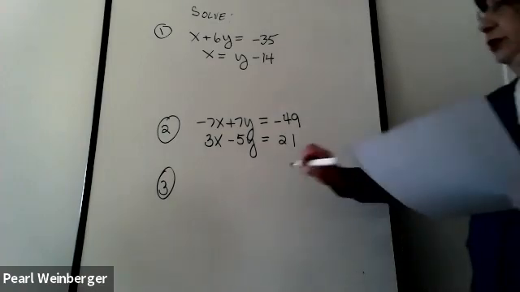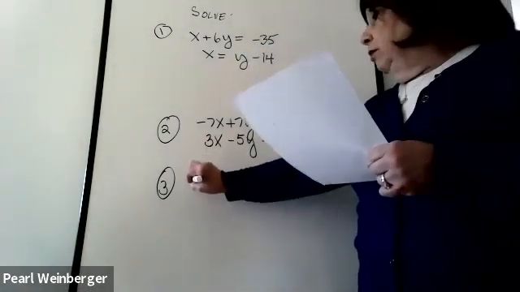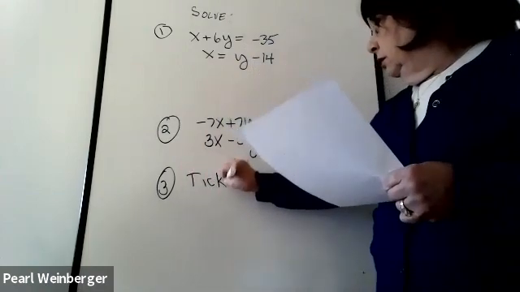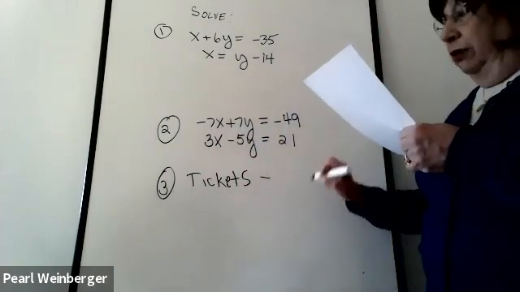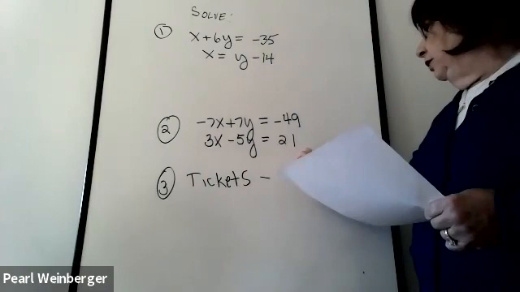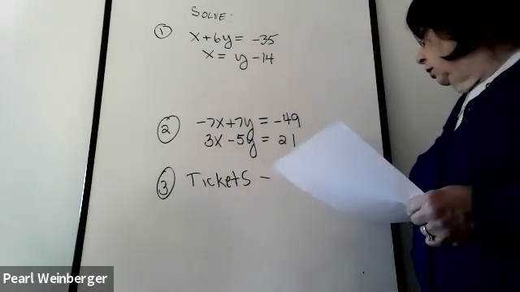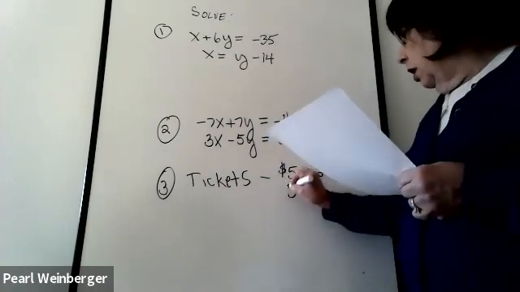Here's the third question. We have tickets to a movie that cost, listen to the question because I don't want to write the whole thing down, $5 for adults and $3 for children.